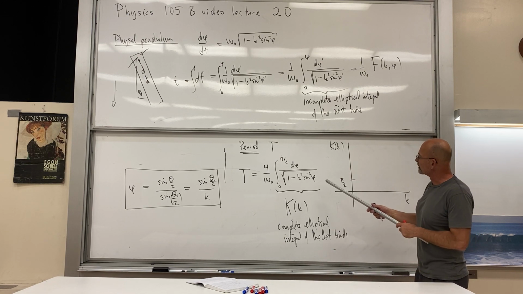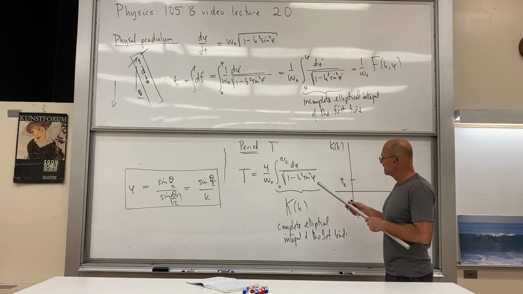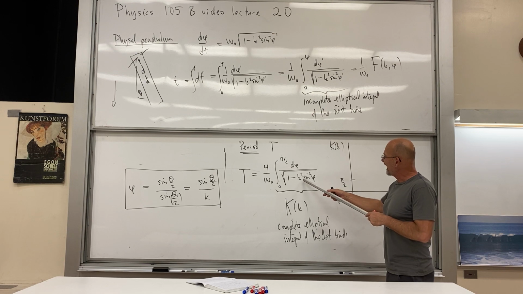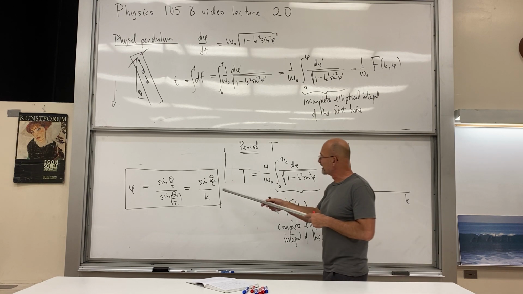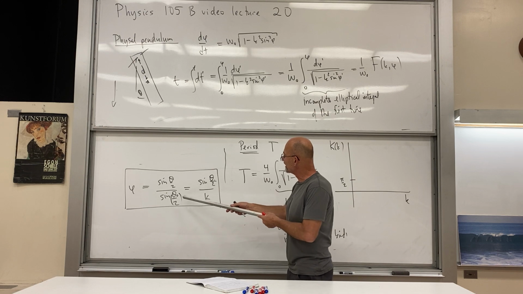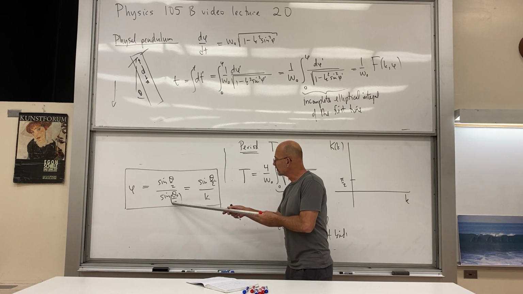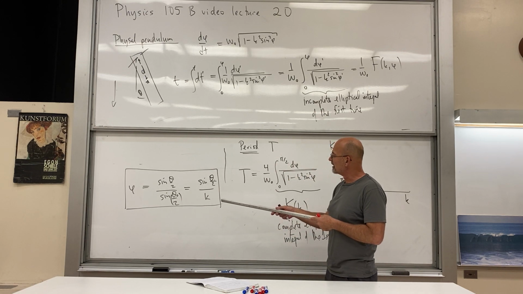Now, what does this integral do when k approaches 1? When k approaches 1, that's when theta naught approaches 180 degrees, actually.